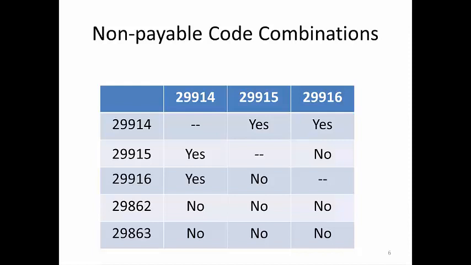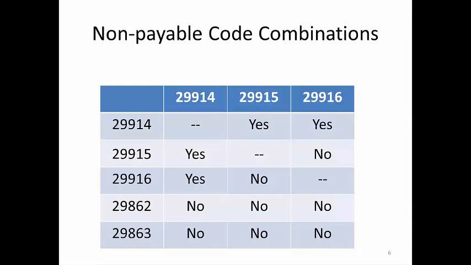And then you can also see that 29862 and 29863 can never be reported with these other codes. And again, we're following CPT guidelines here, and so this would apply to all insurance companies.